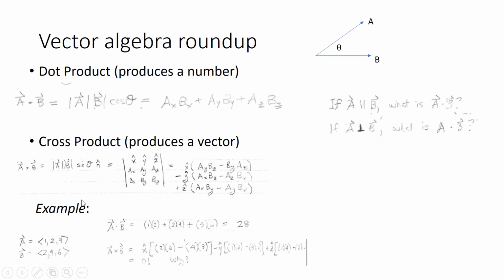And parallel vectors have an angle of 0 between them. So the angle here would be 0, and the sine of 0, as you probably remember, is 0. So from this part of the formula, we could have gotten directly that A cross B would be equal to 0.